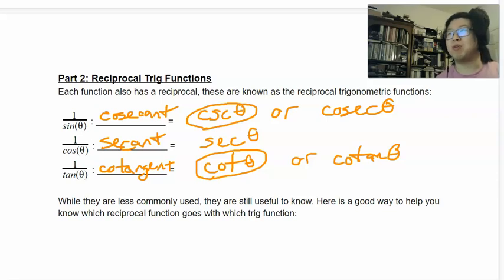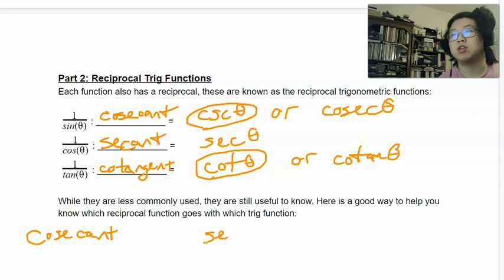Now, they might be hard to remember which one goes where at first, especially if you've never seen them before, but maybe your geometry teacher taught you these a little bit. So here is a memory tool to think about your corresponding reciprocals. If I write out the formal names, cosecant, secant, and cotangent, I'm going to underline the third letter in each word.